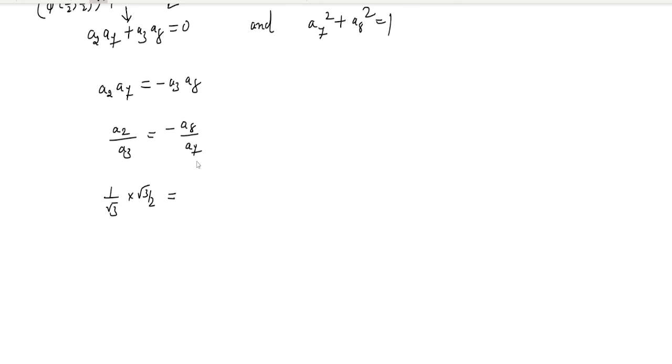That equal to minus a8 divided by a7. Therefore a7 equal to minus root of 2 a8, and a7 equal to root 2 into 1 divided by root 3. So that equal to minus root 2 divided by 3.